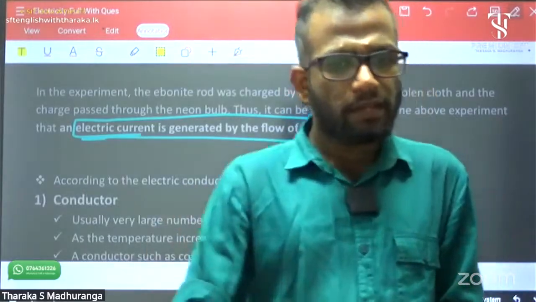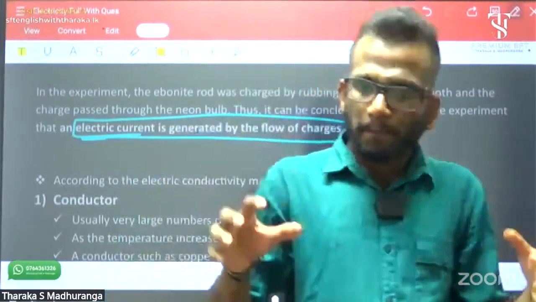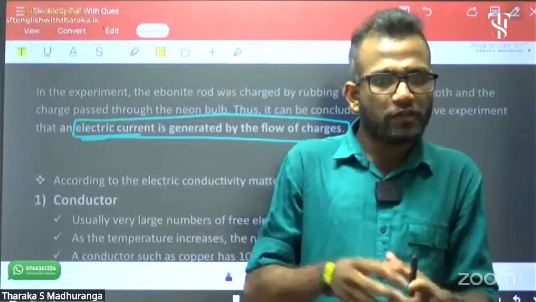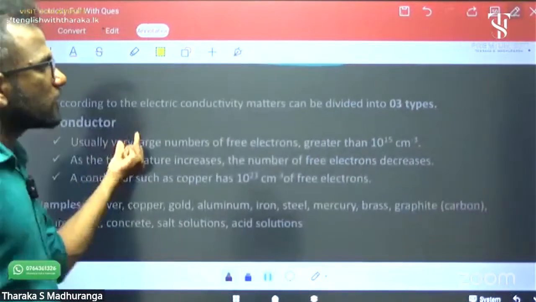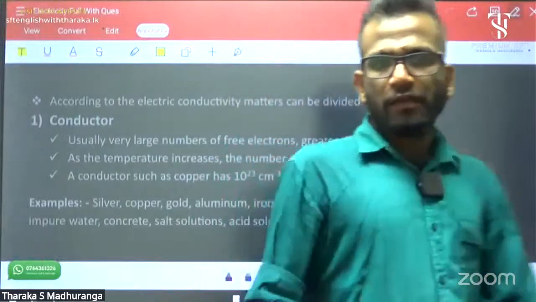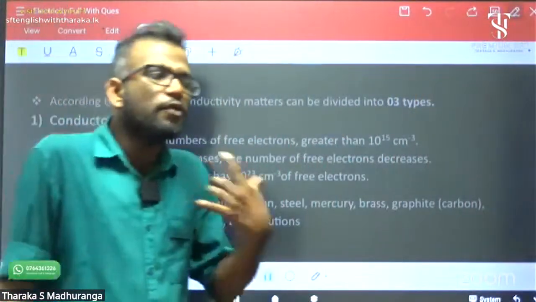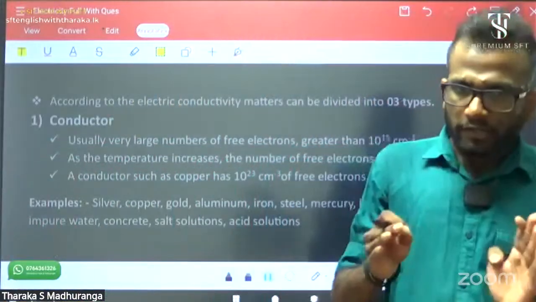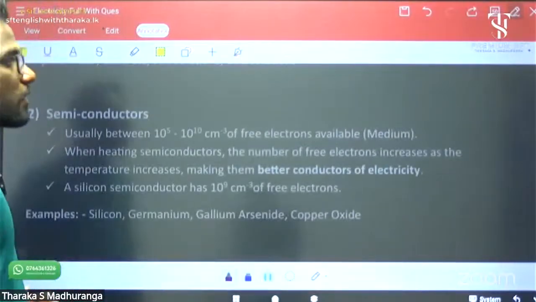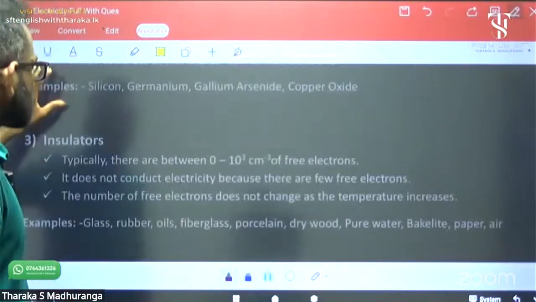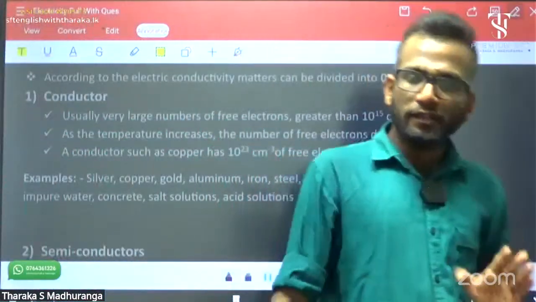As I explained in the previous part, according to the number of free electrons or valence electrons, we can divide substances into three types: conductors, semiconductors, and insulators.